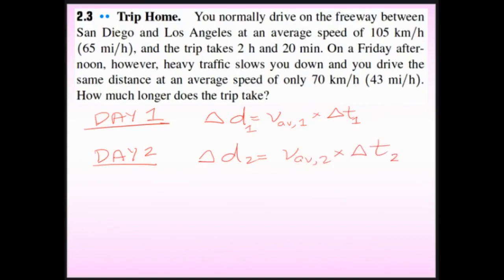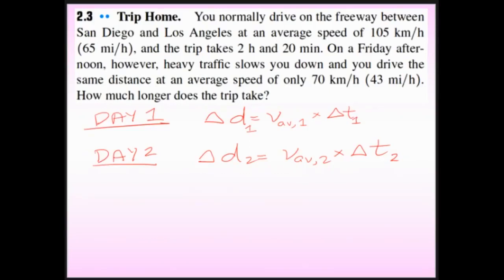Which 2 of these 6 variables did not change between day 1 and day 2? Do you see how this looks like a math problem? If the left-hand side is equal to the left-hand side, the right-hand side must equal the right-hand side.